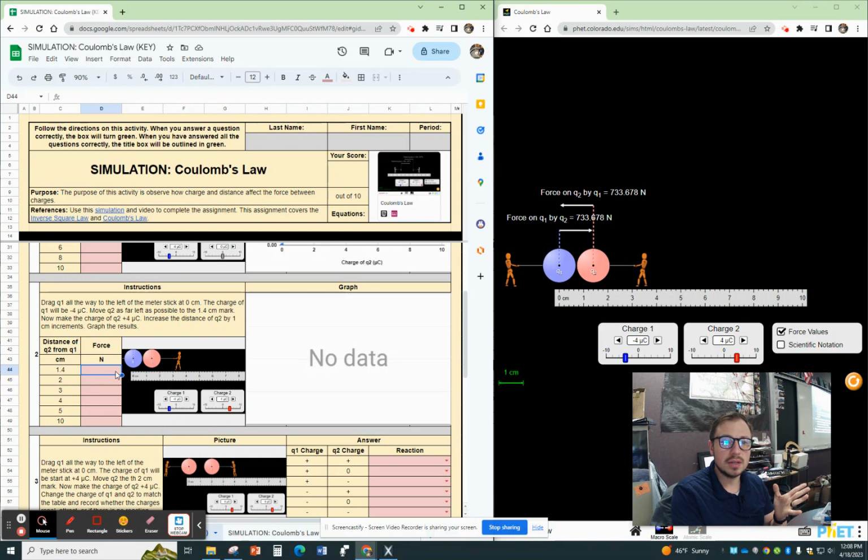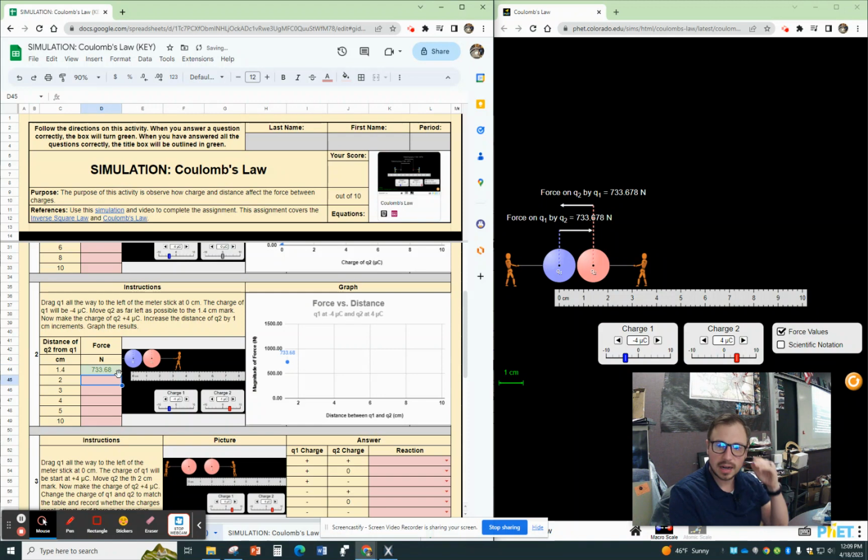And what you're going to do now is just put in the force. So this one is 733.678. You can see that it'll round it automatically to the nearest 100th. So then what we're going to do is move it out to 2. It's kind of tricky because it does go every 0.1 centimeter. So you've got to make sure it's lined up, or else it's not going to be correct.